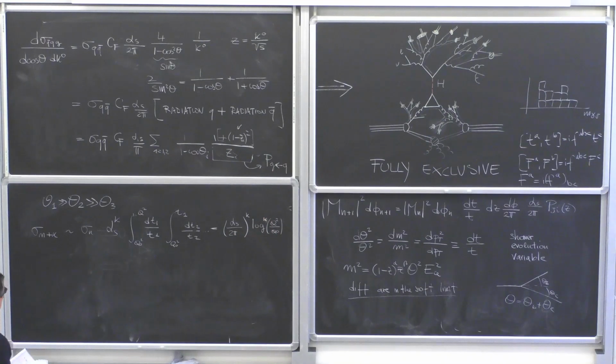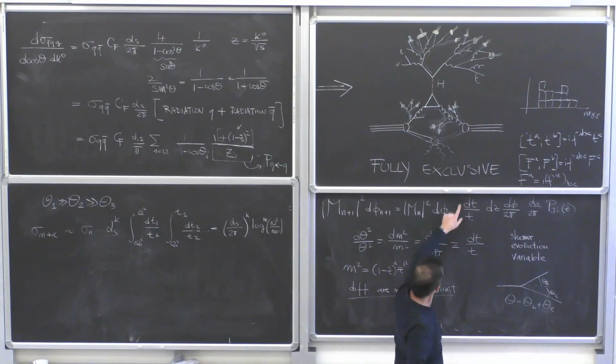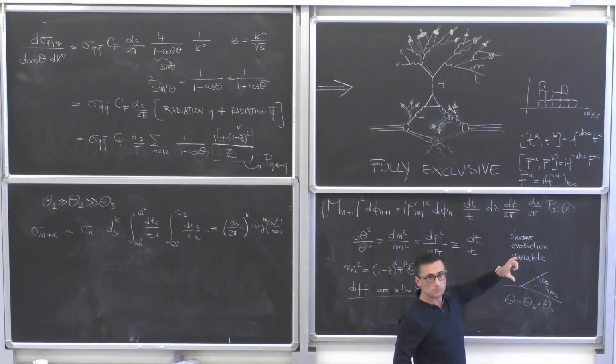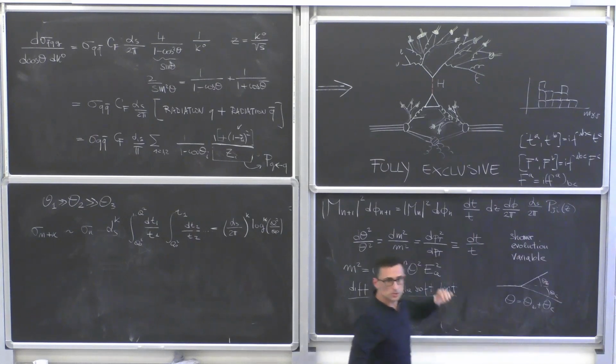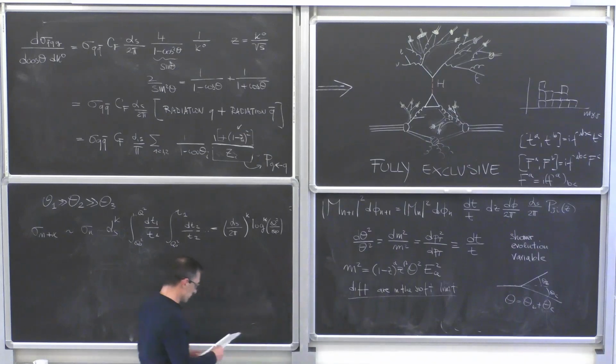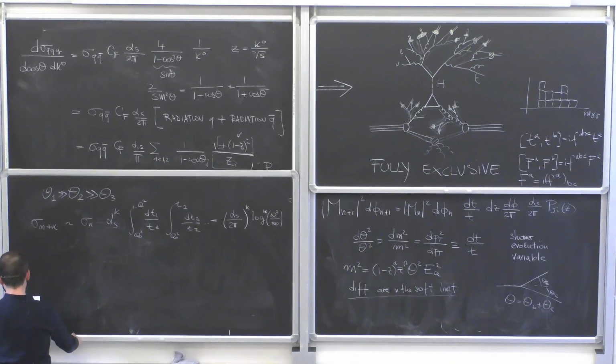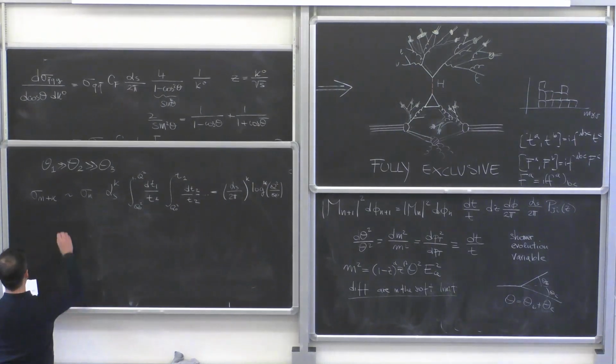Each of the splittings gives you, when you integrate over the phase space of this one, a log, in the boundary of the phase space, n times iterated. So all multiplication of these logs. So the idea is to resum these logs now.